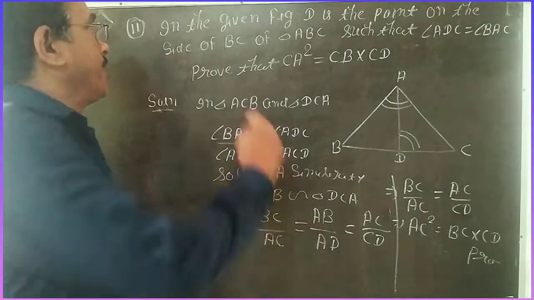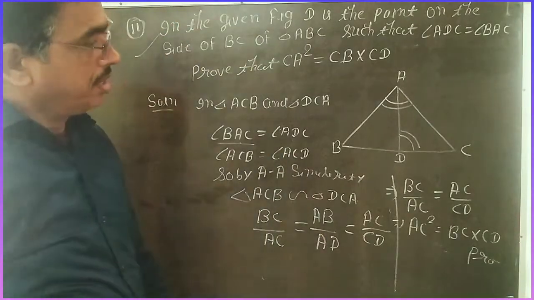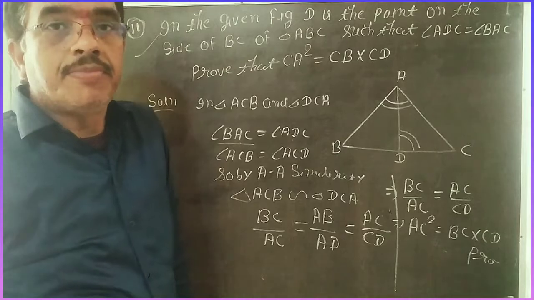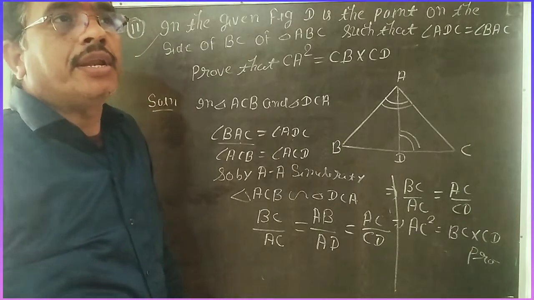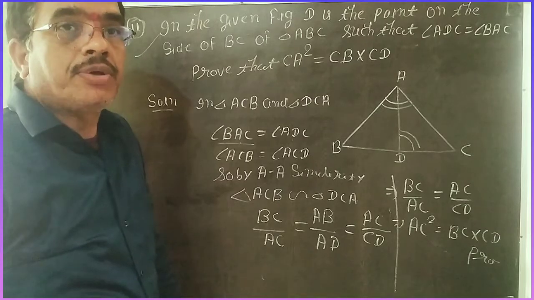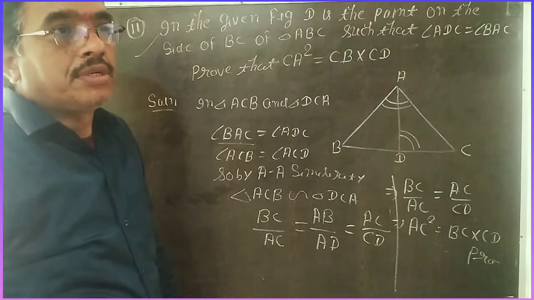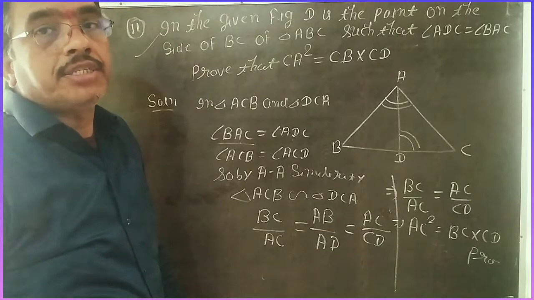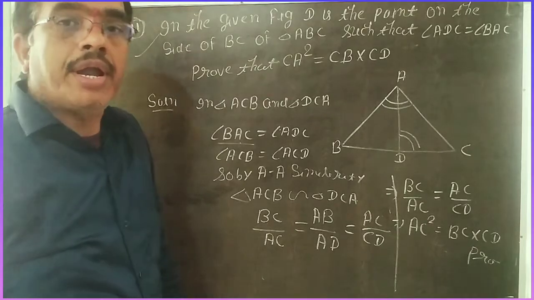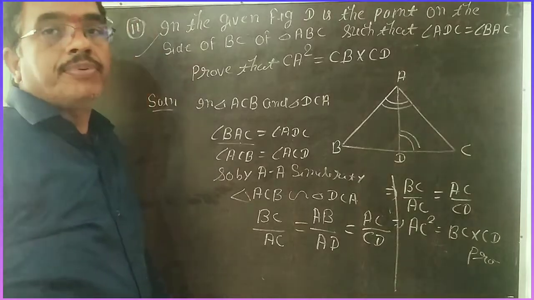Now example 11. Dear student, this question is related to similarity. How can you find the similarity of two triangles, and then how can you take the ratio of their proportional sides? In this question I solve how you can find the similarity relation and then how to arrange the proportion of their sides.